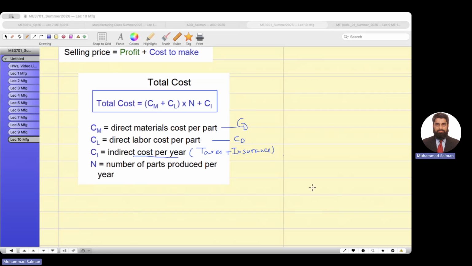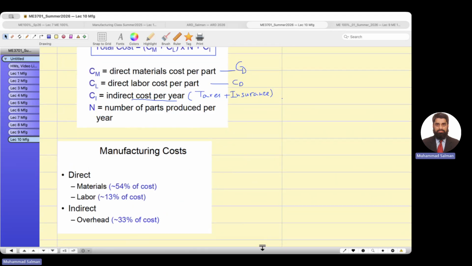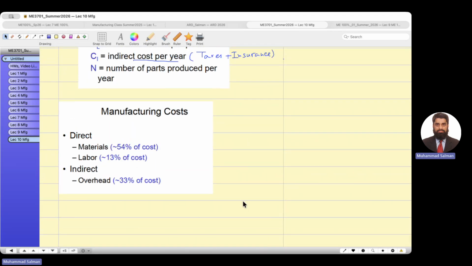So manufacturing cost: direct cost includes the material and the labor to produce the number of parts. For example, if you're producing some sort of machines, you need to have material and the labor to manufacture those machines.